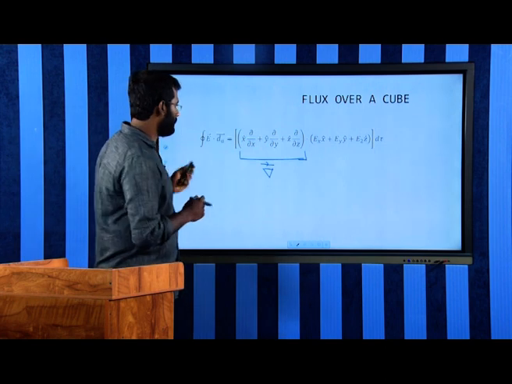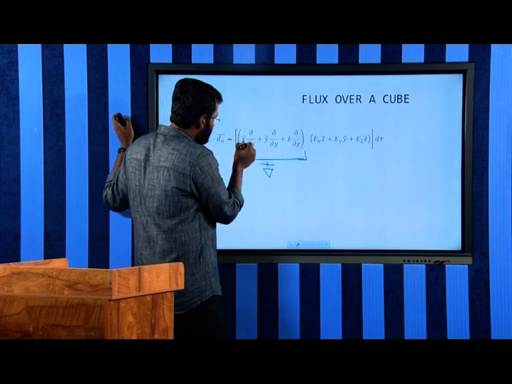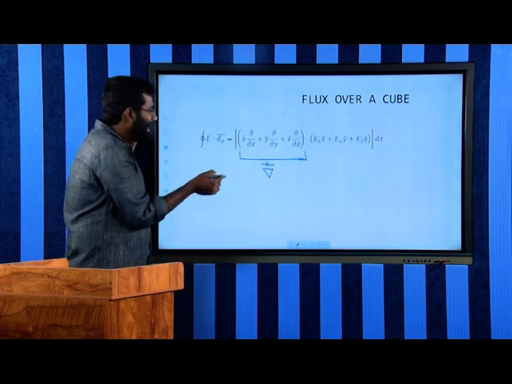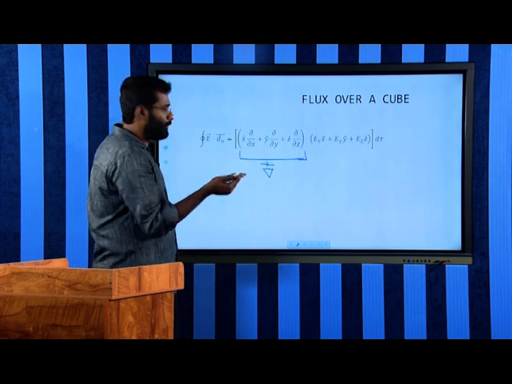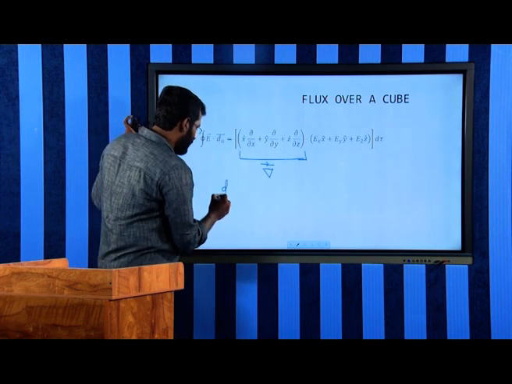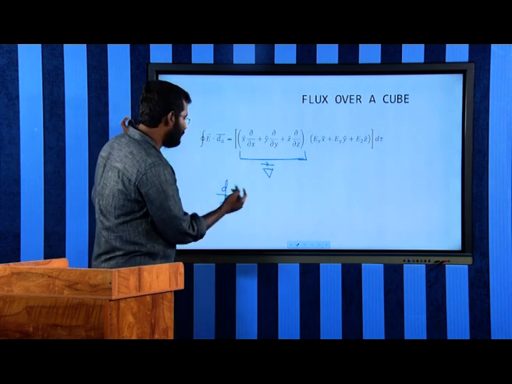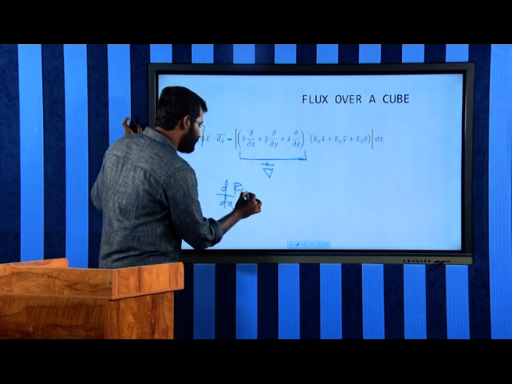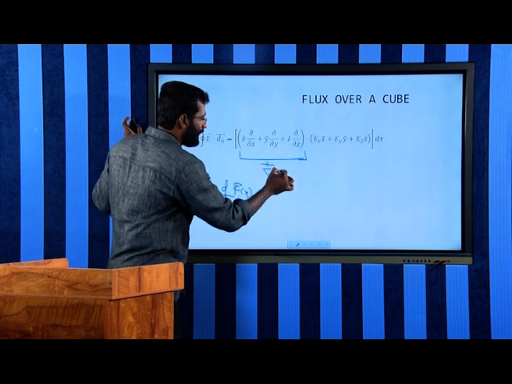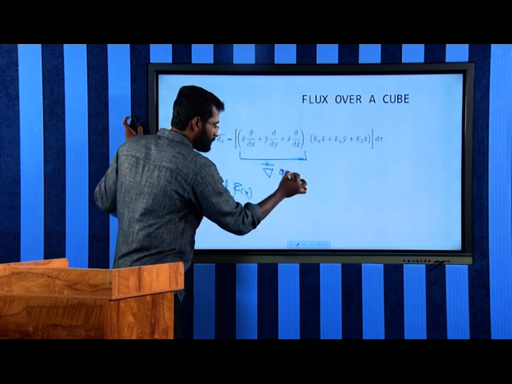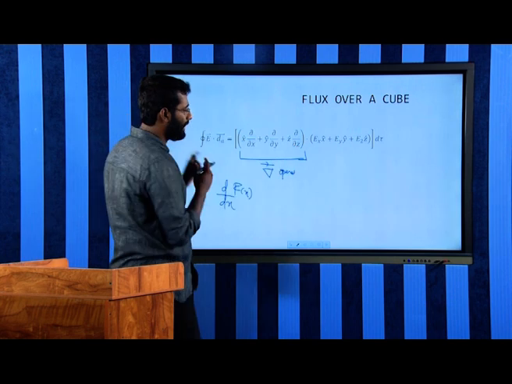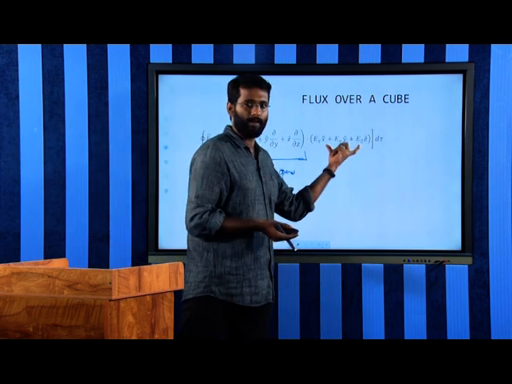Now, this is a vector, x cap into ∂/∂x, but it by itself does not have any meaning. Why? We know that d/dx does not have any meaning; it becomes meaningful when it has a function to act upon. That is why this is called an operator. So, this has to be operated on whatever is on its right side.